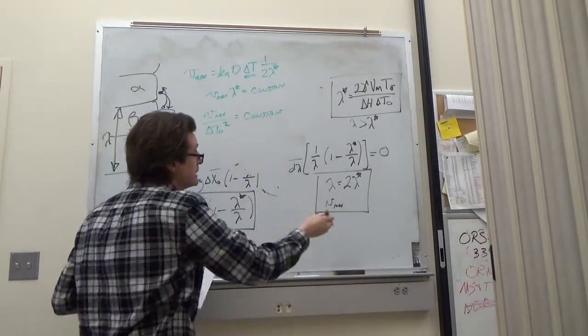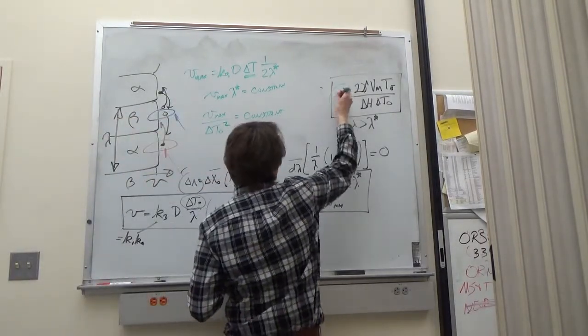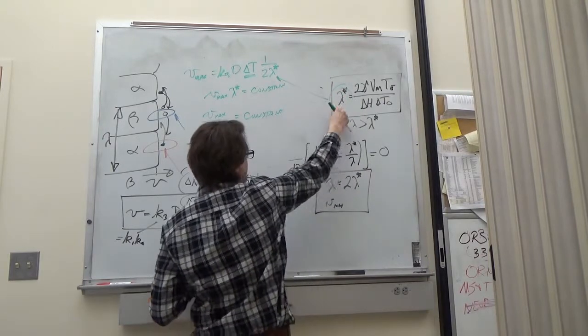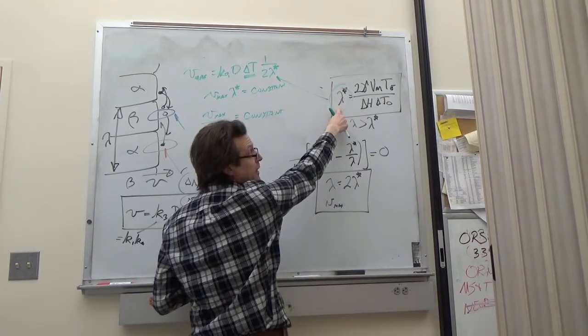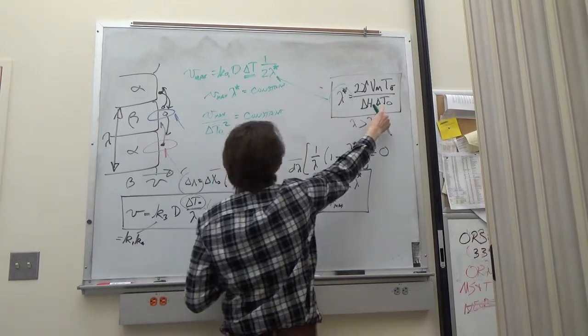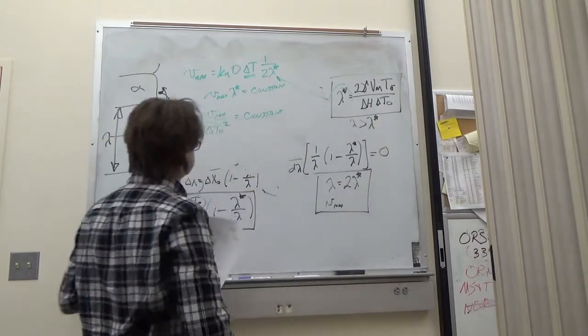And the reason it's squared is that if you substitute this lambda star into lambda, there's a delta T naught there.